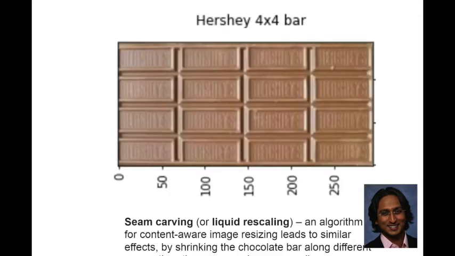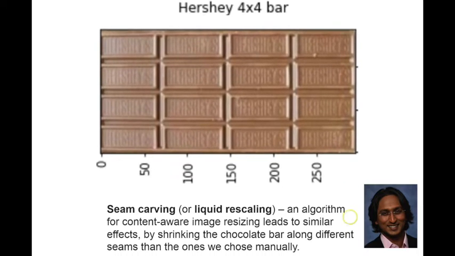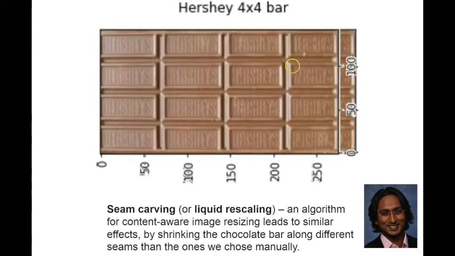Okay? So in one example, the seam that we have here may be a bunch of vertical lines, and those vertical lines are going to be removed in order to get this new grid.